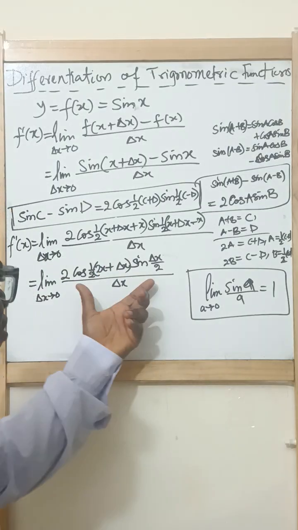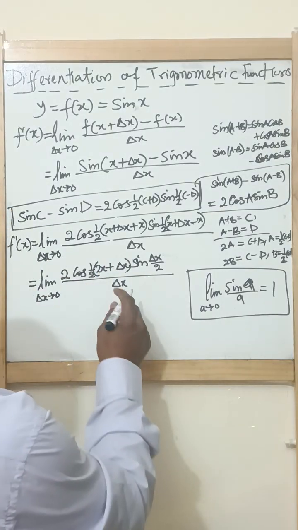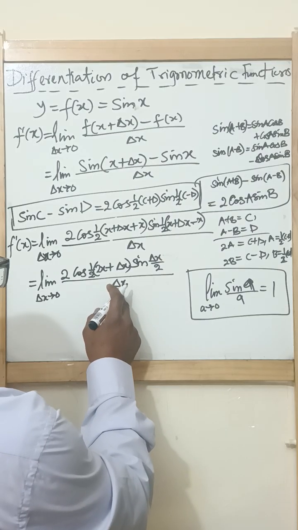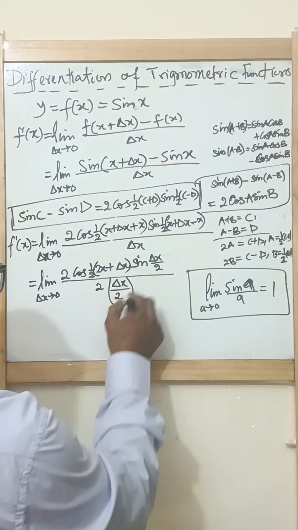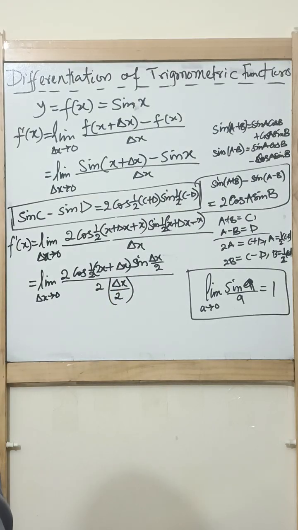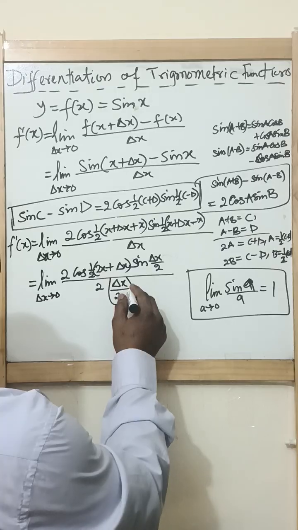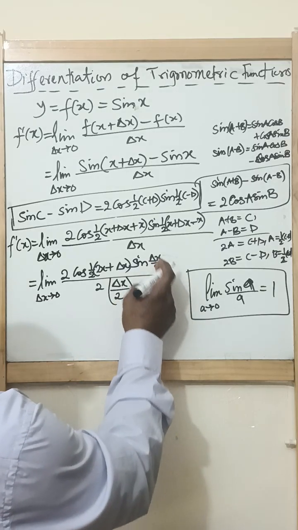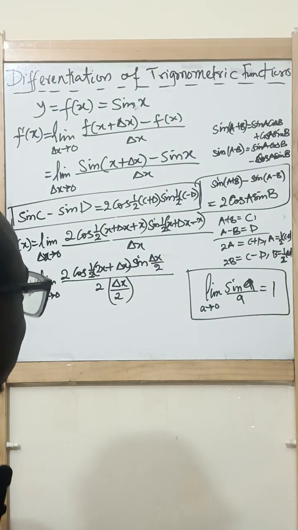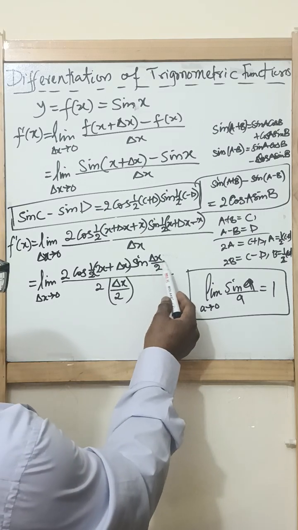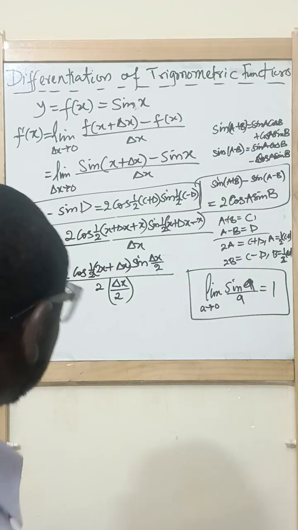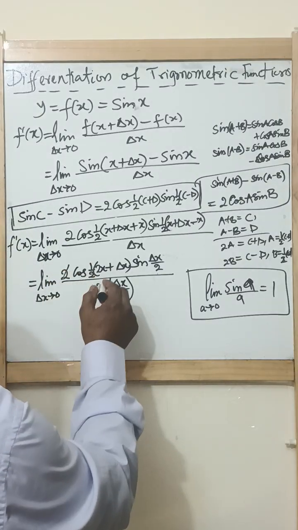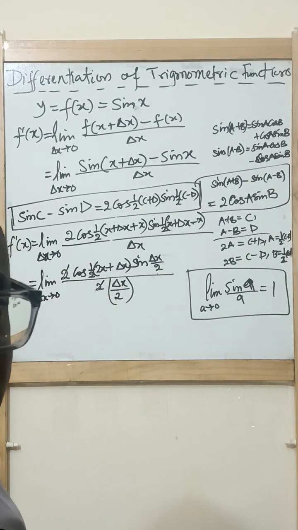If you look at this very well, you will see that if we divide this one by 2, we can also multiply it by 2. Such that this one is delta x divided by 2, and this one is also delta x divided by 2, and of course these 2 can cancel.